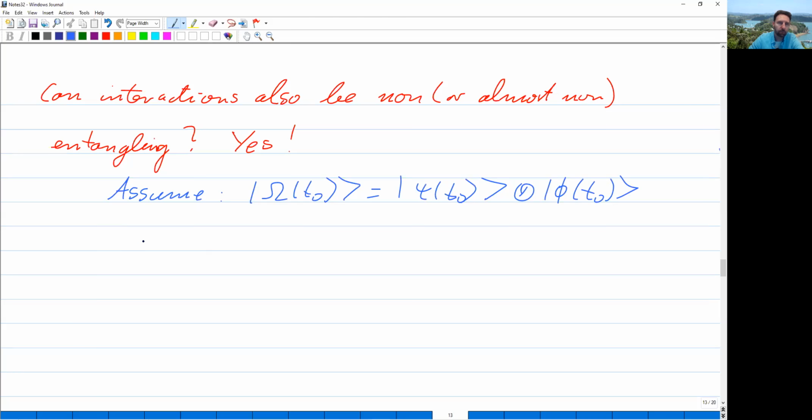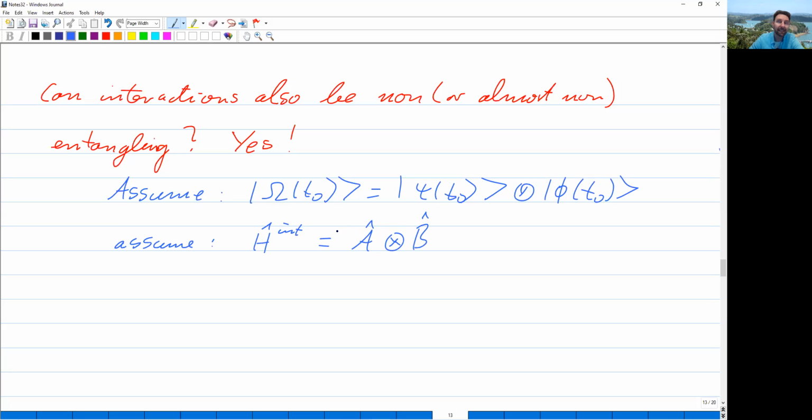And assume that the interaction Hamiltonian is, let's say, A tensor B, just to make things a little bit more concrete. And that sort of thing happens often, that the interaction Hamiltonian takes this form.